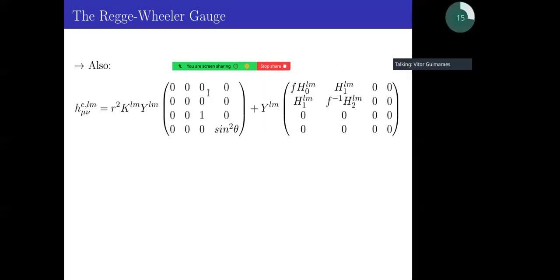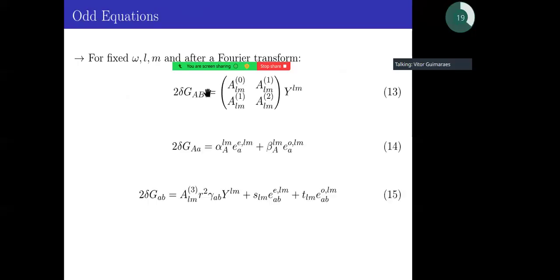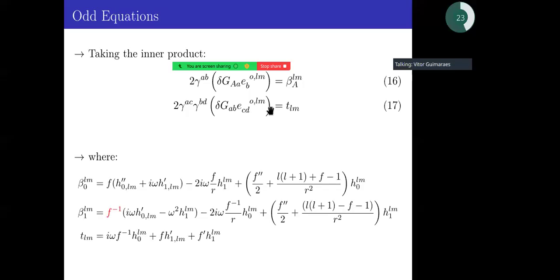Okay, so let's retrace our steps once again, right? So we did the projection of the tensors and vectors onto the basis that we wanted to look at the components of, right? Here and here and here. And we obtained the equations.